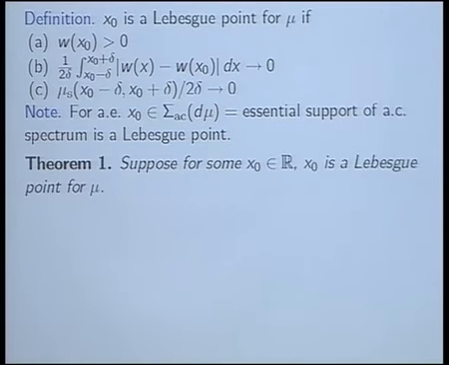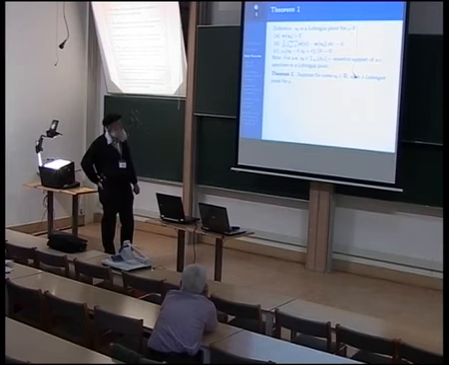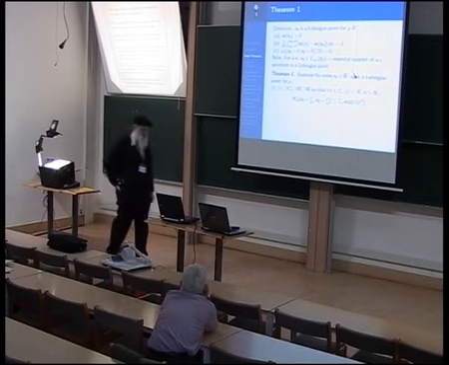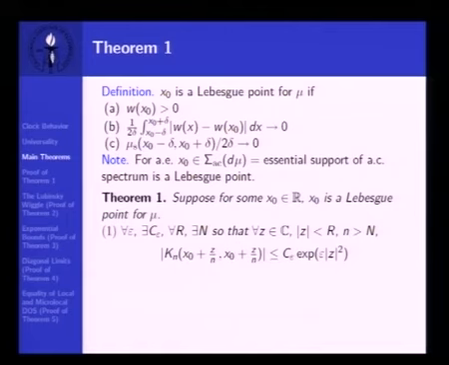So theorem 1 says the following. Suppose we have one of this set up with a general measure, and we have some point, which is the Lebesgue point for mu, and we have two conditions. The first one is sort of complicated because of all the quantifiers.